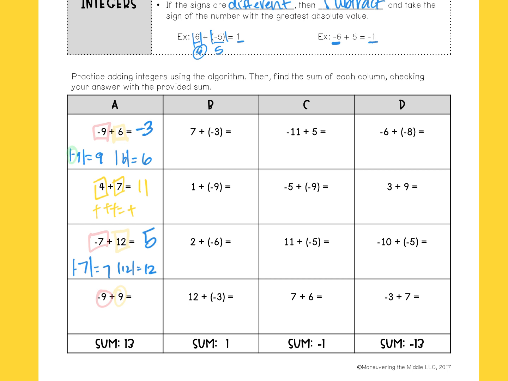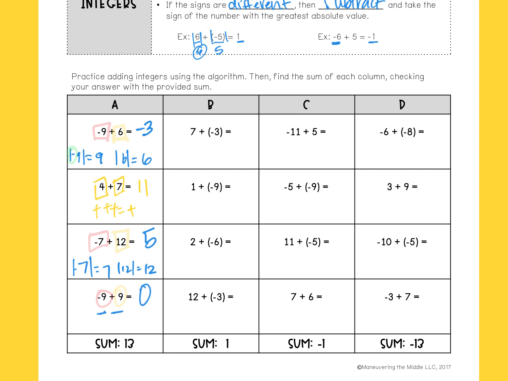We know that those two signs are different, so we need to find the difference. 9 minus 9 is 0, and this answer is just 0, because this would also give me 9 zero pairs, and we know that zero pairs have the value of 0, so 9 zeros is just 0. So anytime you have a number plus its opposite, it is always, always, always going to be 0.